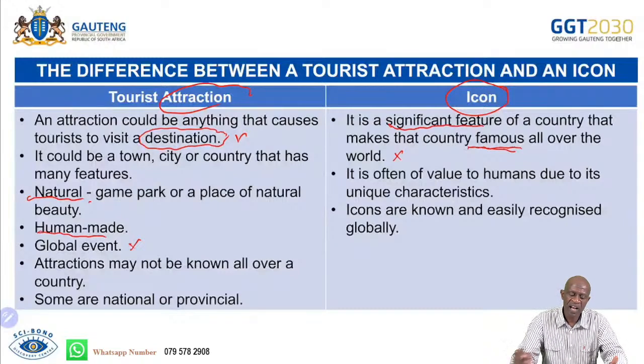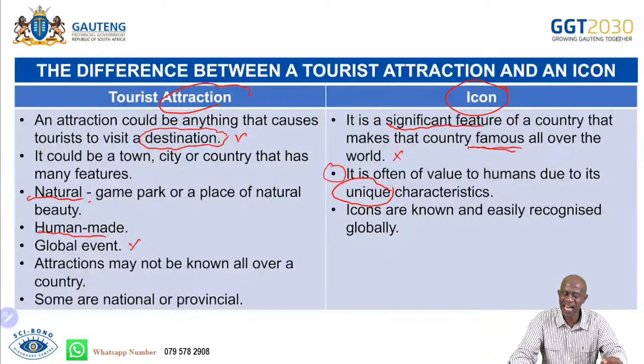Right. I've gone through a number of bullets on the side of a tourist attraction. Now let us quickly reflect on an icon. An icon, as we assess bullet number 2, is often of value to humans due to its unique characteristics. So your keyword here is unique. It offers characteristics or attributes that are of its own kind.